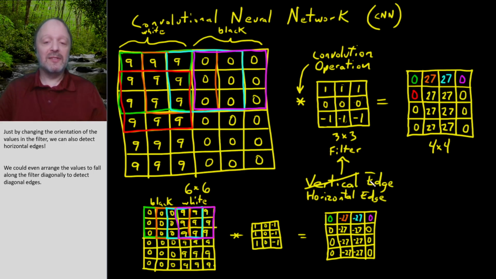And I could even set it up where there were diagonal values, 3, 1, 1, 0, 0, 0, -1, -1, -3, for example, and it would detect diagonal edges. So that's how you can use extremely simple filters to pull out actual physical information about your image.